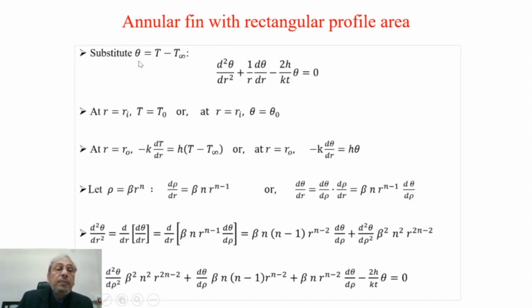Now if we substitute theta as T minus T infinity, then theta is basically the excess temperature over the ambient temperature. So the governing equation will be d2 theta/dr2 plus 1/r d theta/dr minus 2h/(kt) theta equal to 0.